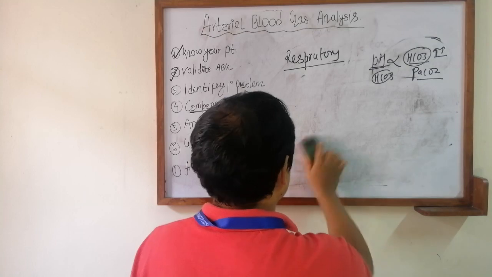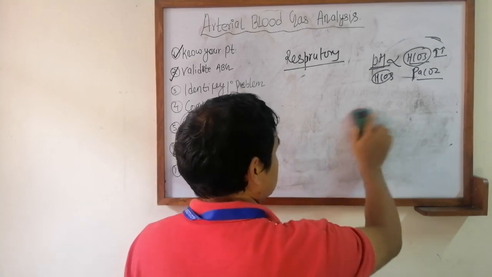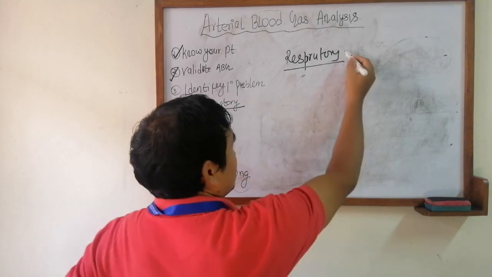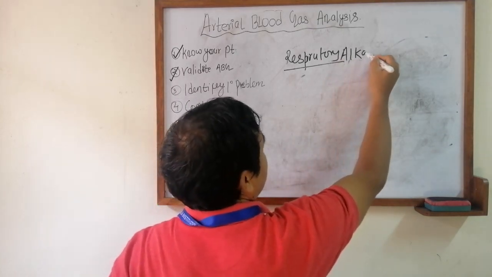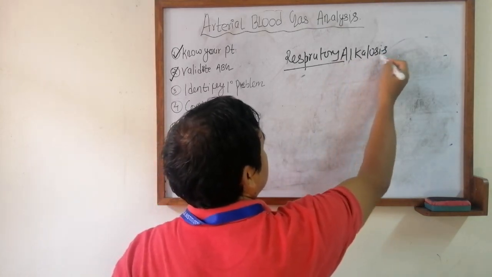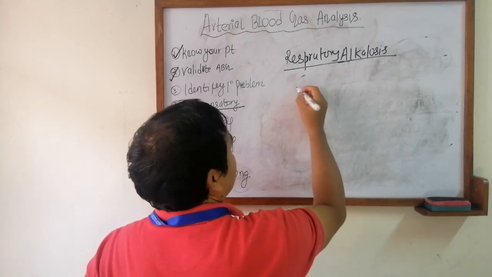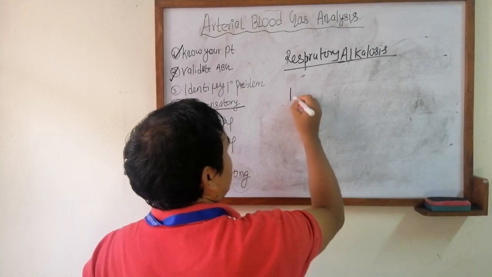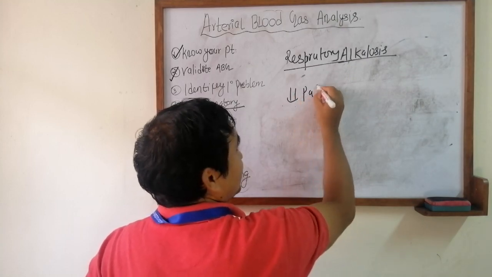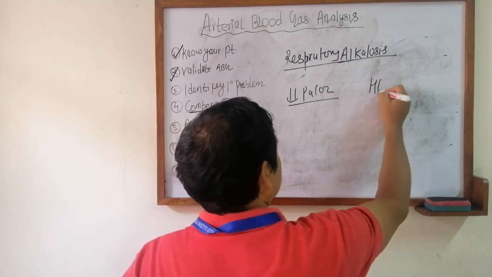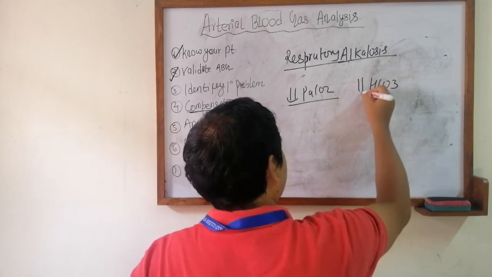So compensation we can get. For respiratory alkalosis, there will be a drop in PCO2 level, and there will also be a drop in bicarbonate level.